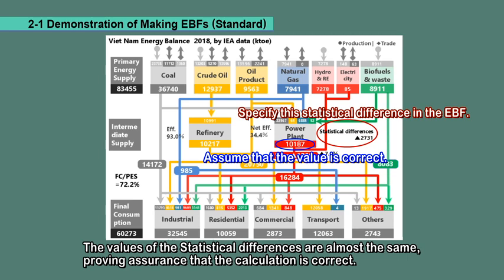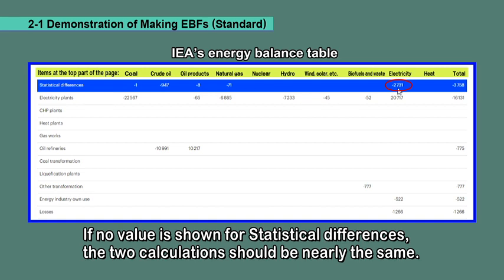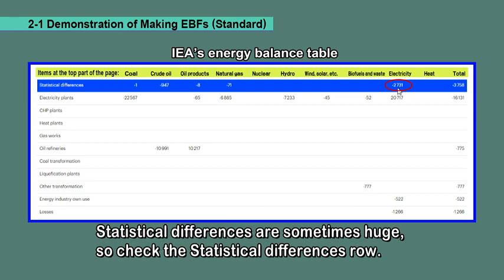This matches the 2,730 difference in our calculation for the EBF, assuring us that our calculation was correct. If there are no statistical differences, or it is zero for electricity, then the two calculations may differ by almost one or be the same. Statistical differences are sometimes huge. Be sure to keep an eye on the statistical differences row.